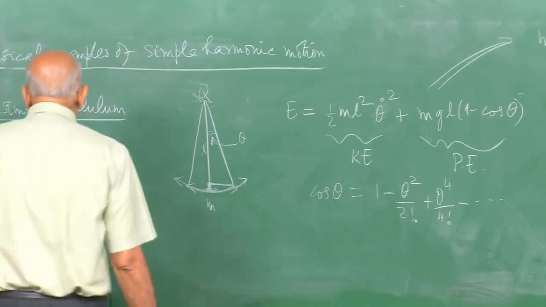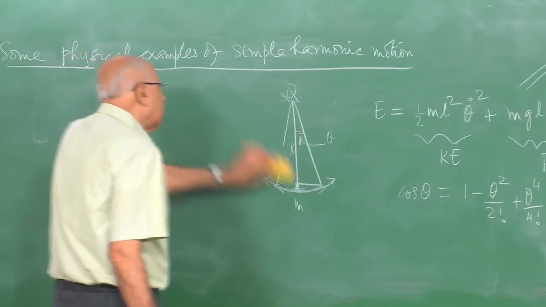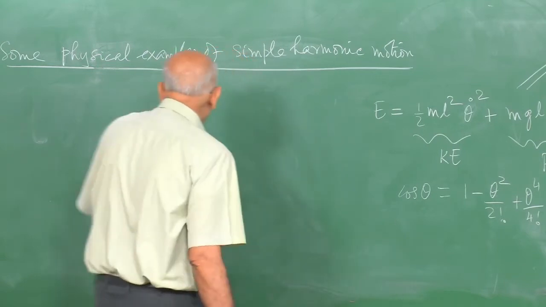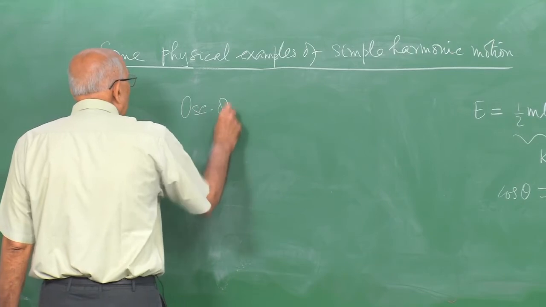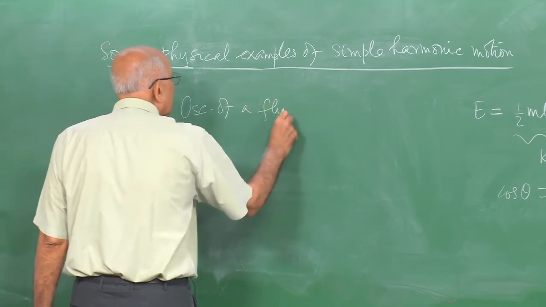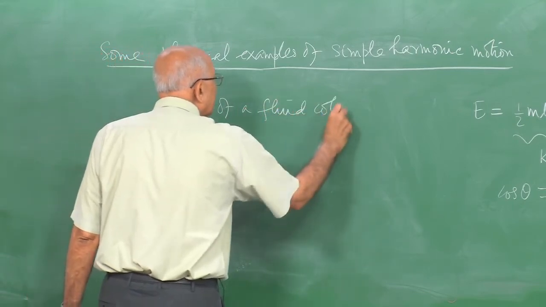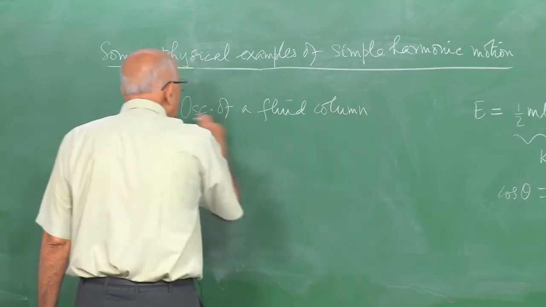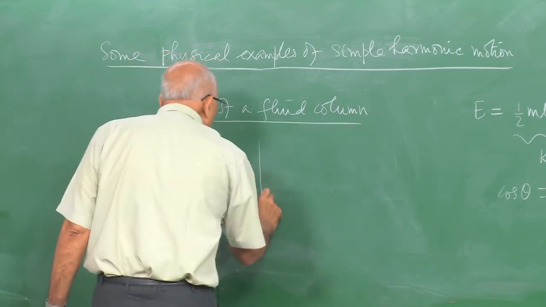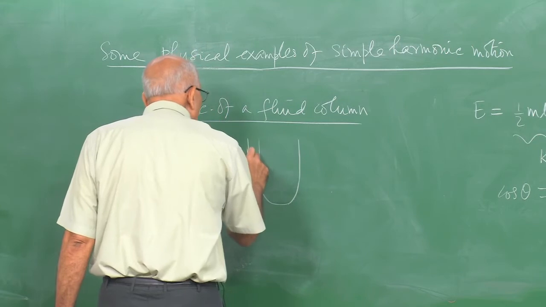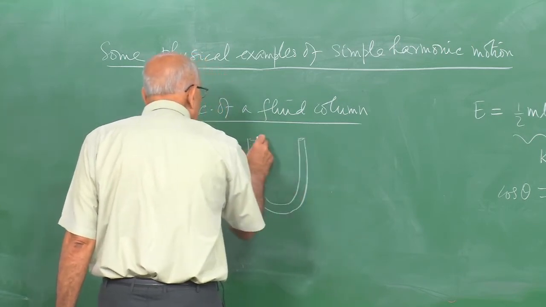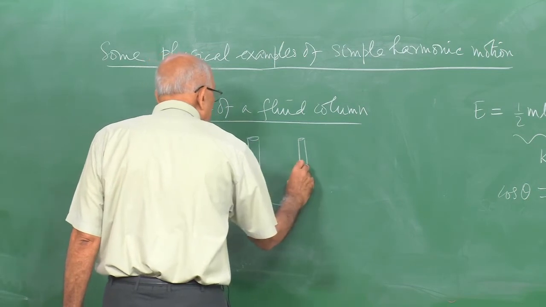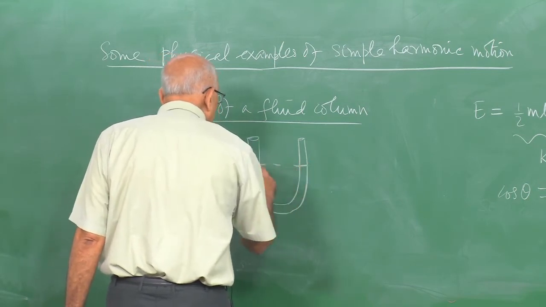Well, let us look at an example which is taken from, say, fluid dynamics. And here is another example, which is oscillation of a fluid column. Let us suppose we have a U tube of constant cross section, although that is not essential for what I am about to say, and you fill it with water up to a certain level, and of course the levels are the same on both sides.